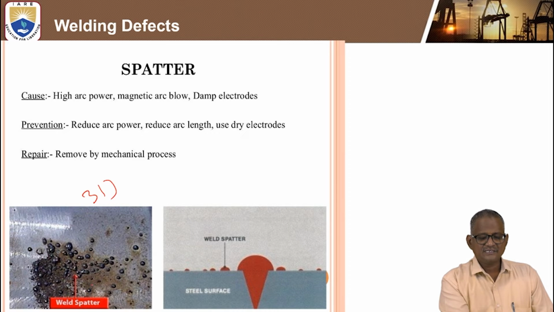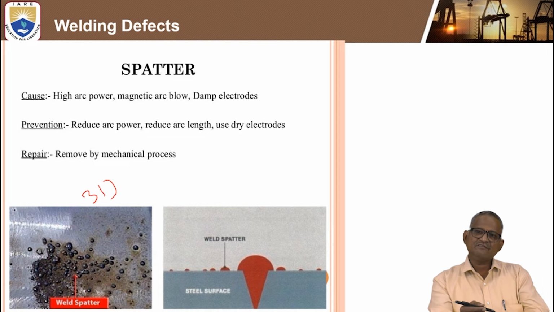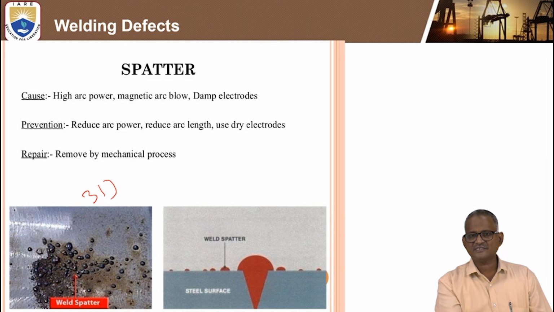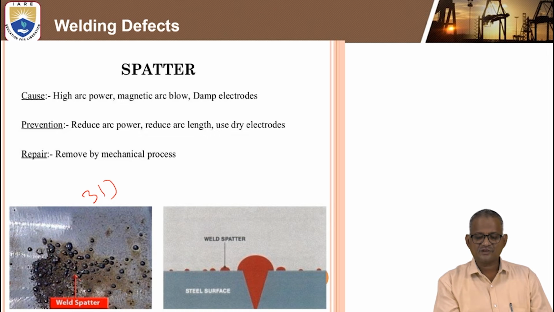You can see a cloudy surface with droplets of different diameters. This is called weld spatter. It occurs when the electrode touches the workpiece and sparks fly, if an expert, experienced welder is not there. There is also one major drawback.